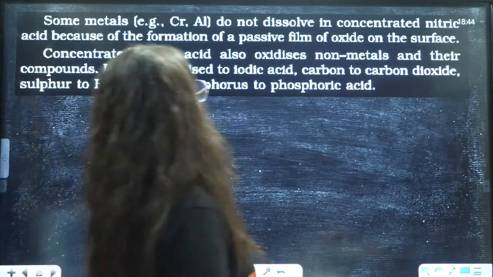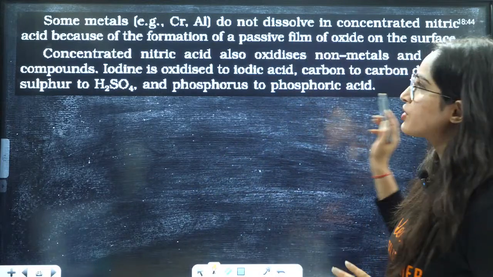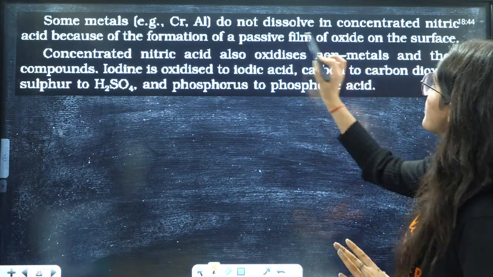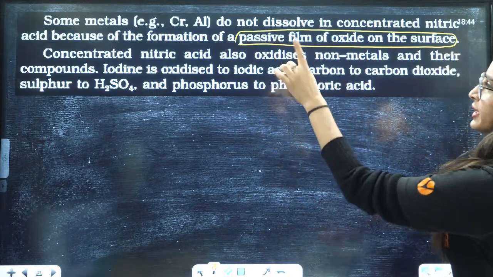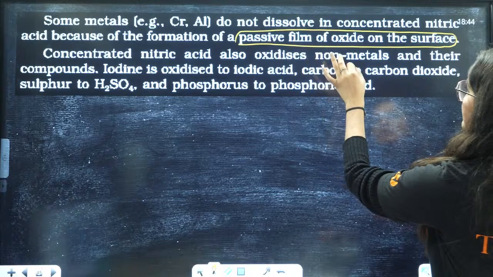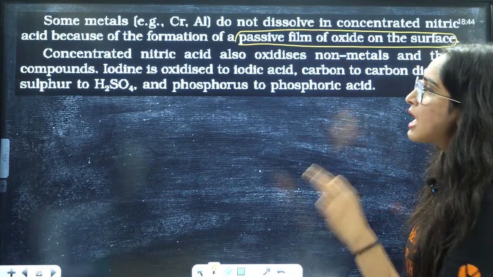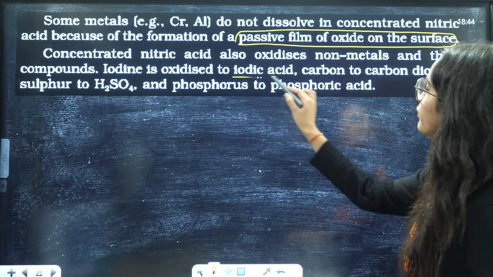Some metals, for example, do not dissolve in concentrated nitric acid because of formation of a passive oxide film on the surface. Concentrated nitric acid also oxidizes non-metals and their compounds. Iodine is oxidized to iodic acid.